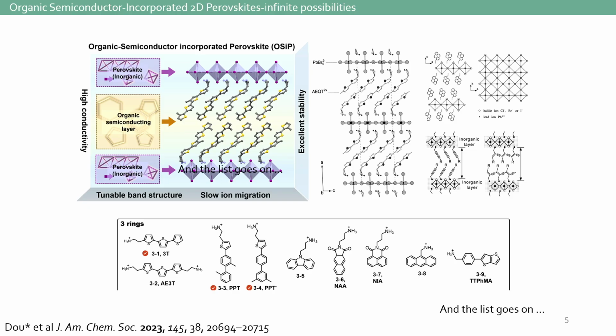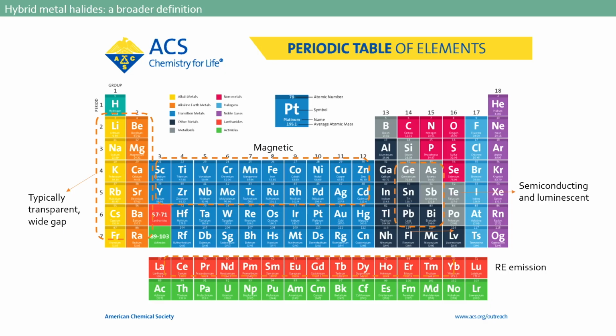But here, because these layers and the organic cations are not linked directly, they have mainly hydrogen bonding interactions between the ammonium groups and the layers. But then you can make all of these cations viable and change the properties of these materials.